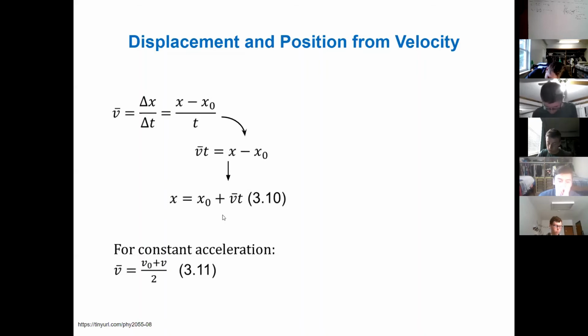Now keep in mind in this expression, when you have v with a bar, that means it's average velocity, because that's the definition. I think earlier we used v sub av, but you can simplify this notation by just using v with a bar, which indicates the average velocity.